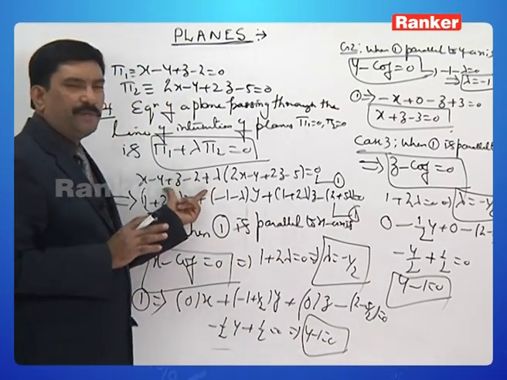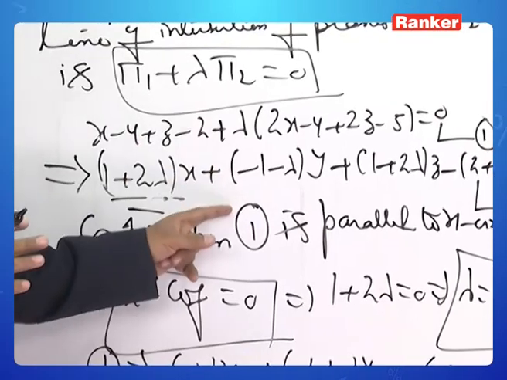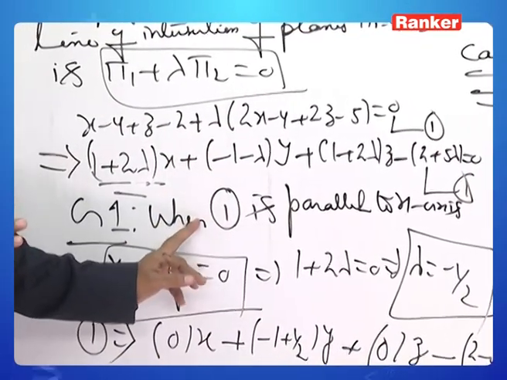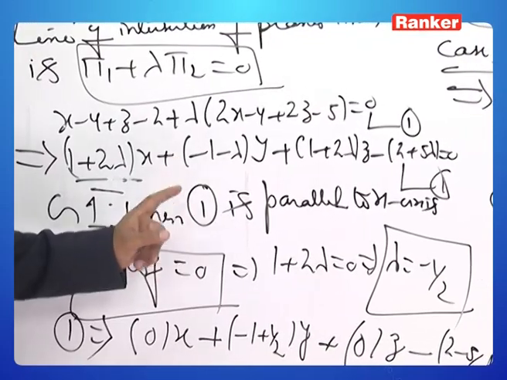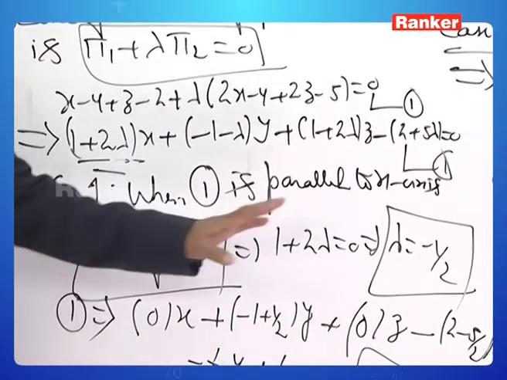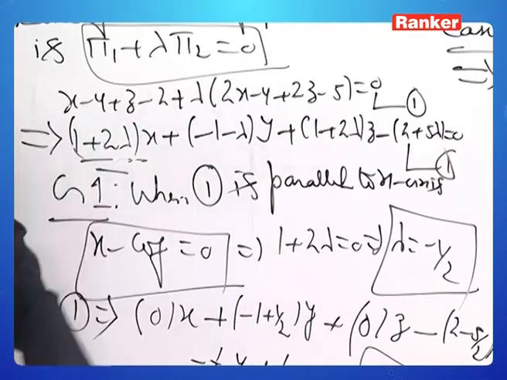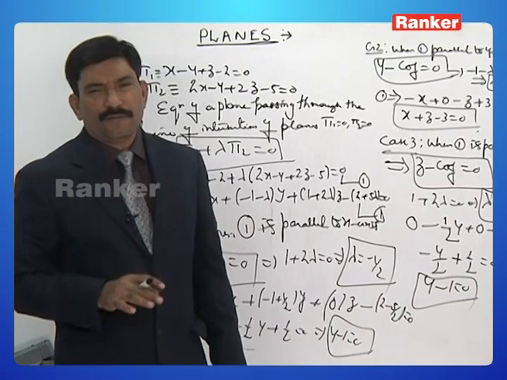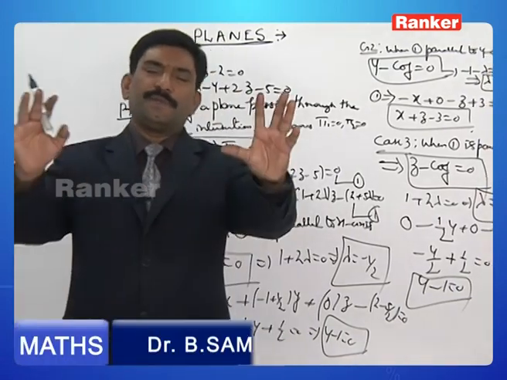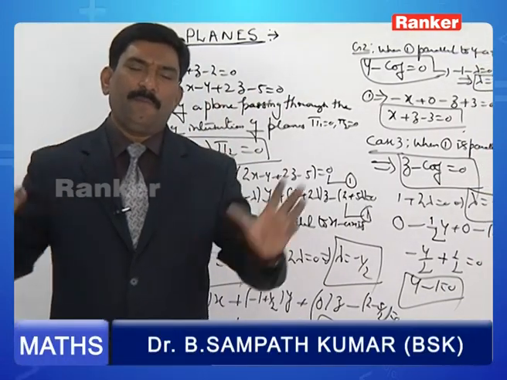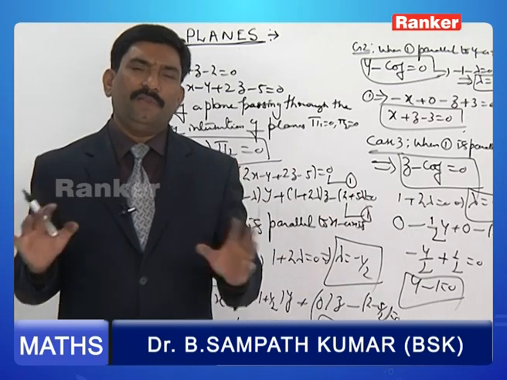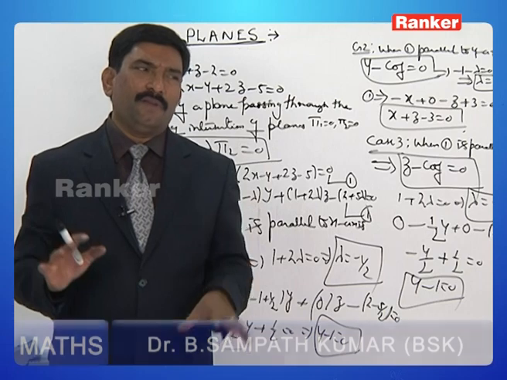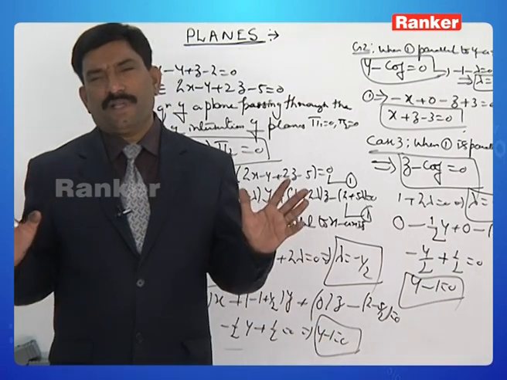This is a plane passing through the line of intersection of two planes. What is unknown? The unknown is lambda. To find lambda, when it is parallel to x-axis, the x coefficient is equal to 0, parallel to y-axis, the y coefficient is equal to 0, parallel to z-axis, the z coefficient is equal to 0. So substitute the corresponding values of lambda that we got in equation 1. That gives the equation of a plane parallel to x-axis, y-axis, and z-axis.